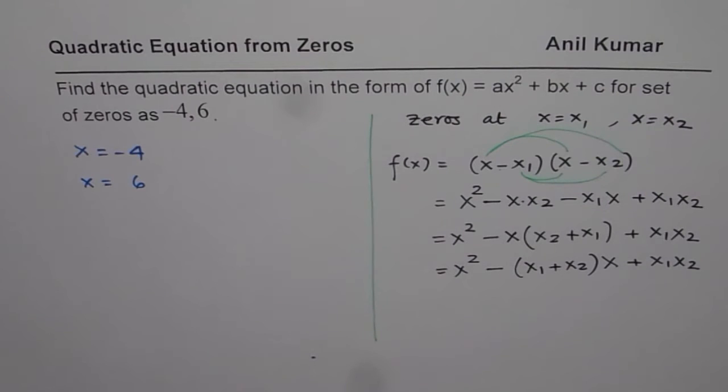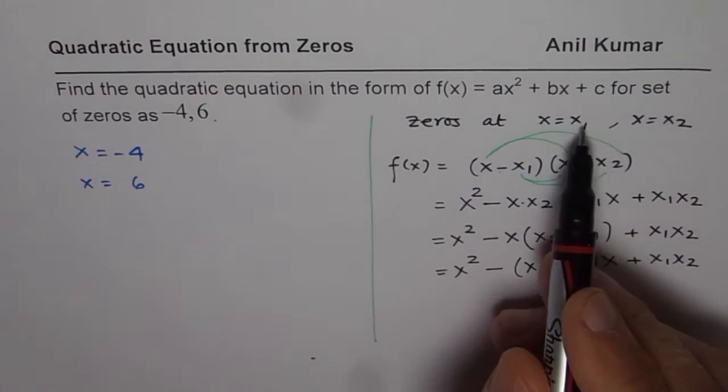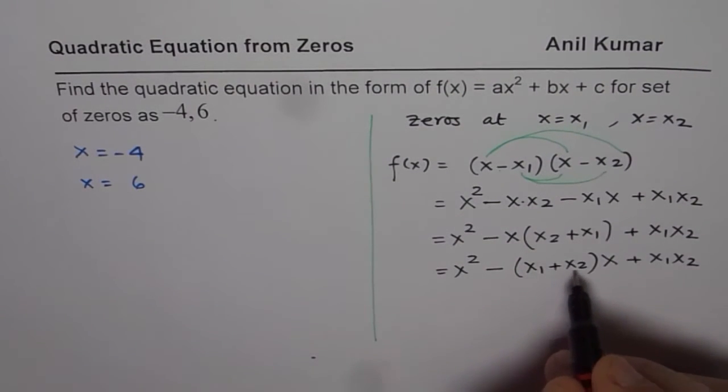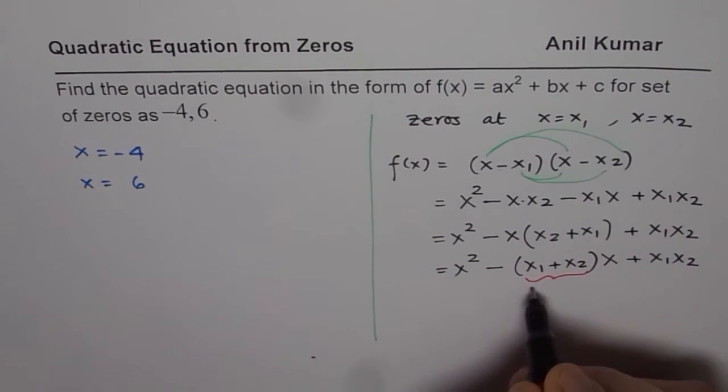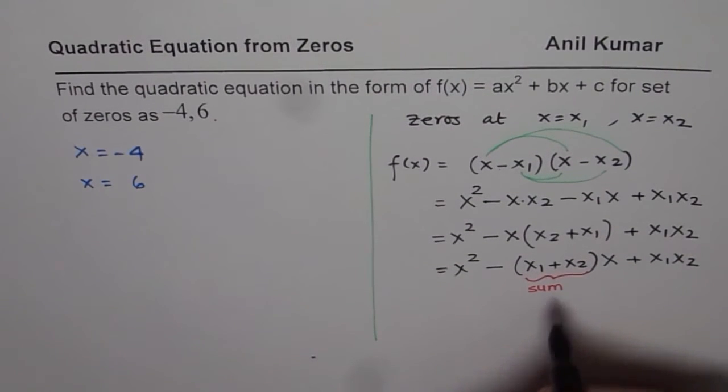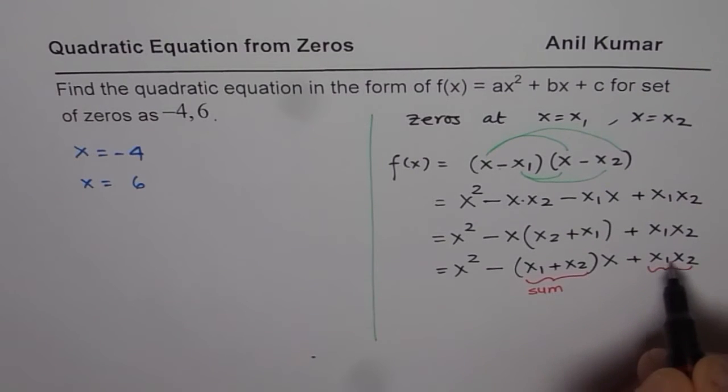So that is the standard form of our equation, right? In this, what do you see? x1 and x2 are zeros, and what is x1 plus x2? That is the sum of zeros. Do you see that? That is the sum. And how about this? It is the product.